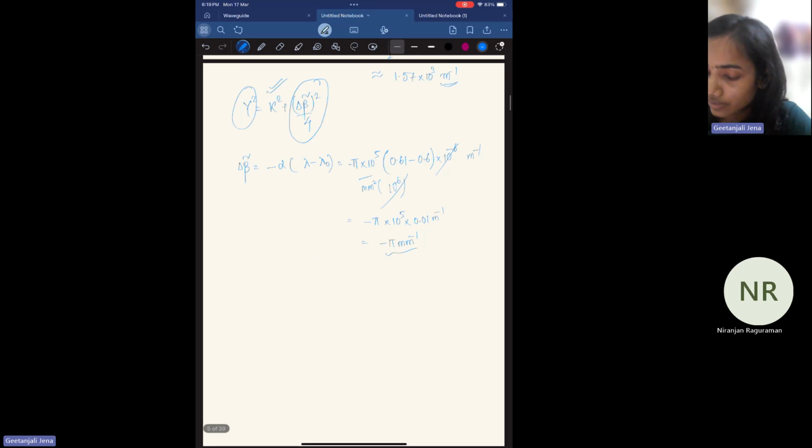Now we can easily calculate the coupling coefficient, which is kappa square. This will be gamma square minus delta beta tilde square by 4.